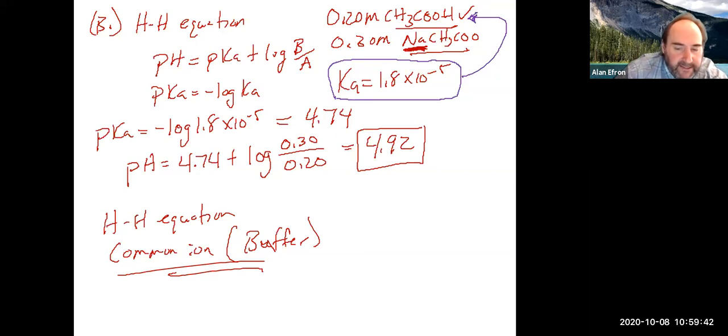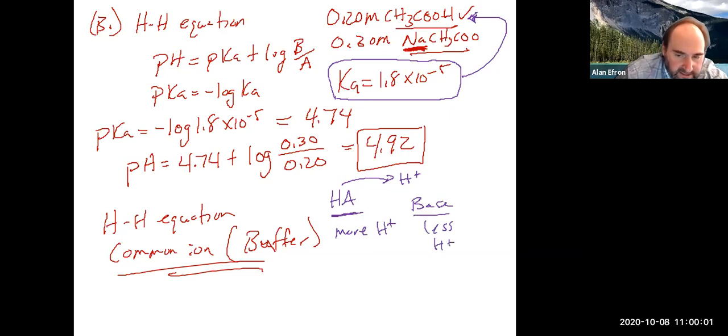Otherwise, an acid typically is something that will donate an H+, right? So it donates H+. And that means that the acid should have more H pluses and the base will have less H plus. So in this situation, as you can see, this is acetate, one H plus less.